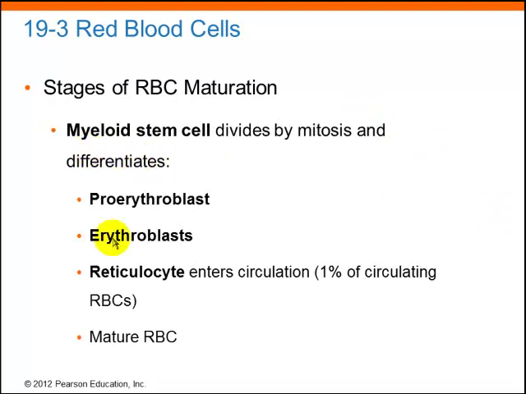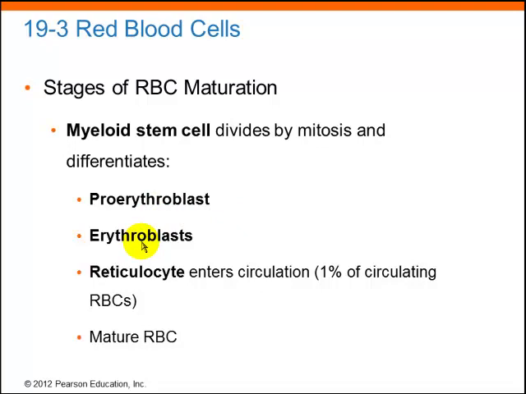So if we're going to make red blood cells, we're going to take that myeloid stem cell, and first of all, I want to remind you it can divide. You've got to make 3 million of these every second, so a number of these stages can go through cell division. But as the myeloid stem cell differentiates, it becomes a proerythroblast. Pro means precursor, blast means forming cell. A proerythroblast becomes an erythroblast.